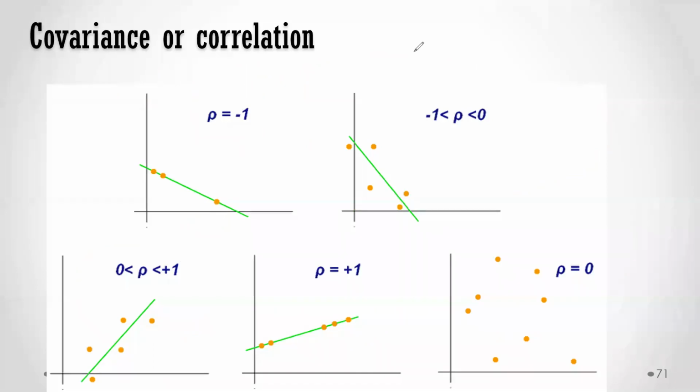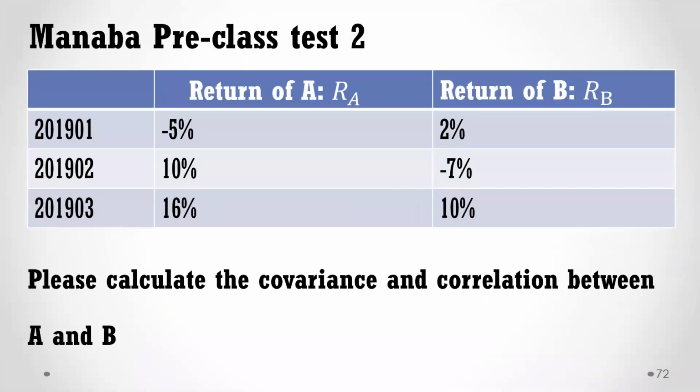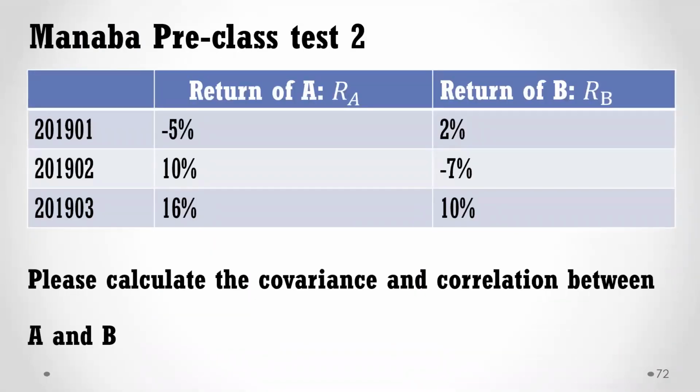Now let's calculate the correlation. This is the Manaba in-class test. Let me repeat the process of calculating. We need to calculate the variance first. To do that, we need to calculate the mean value.